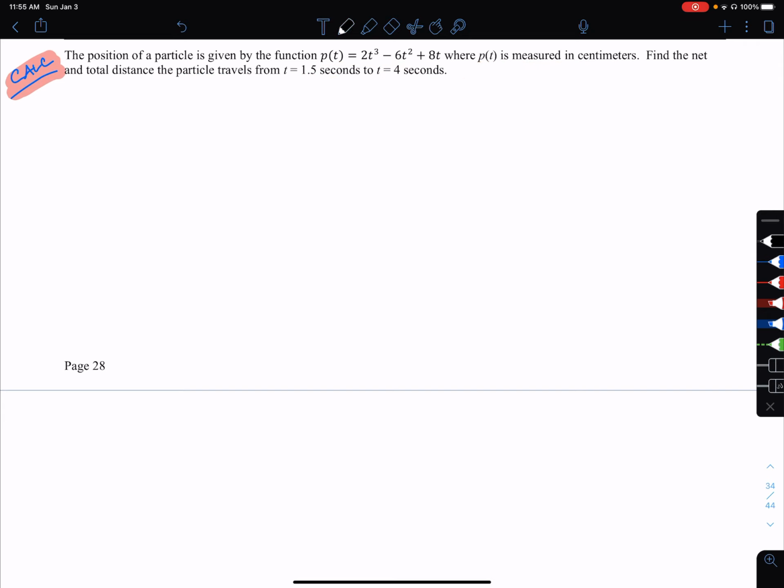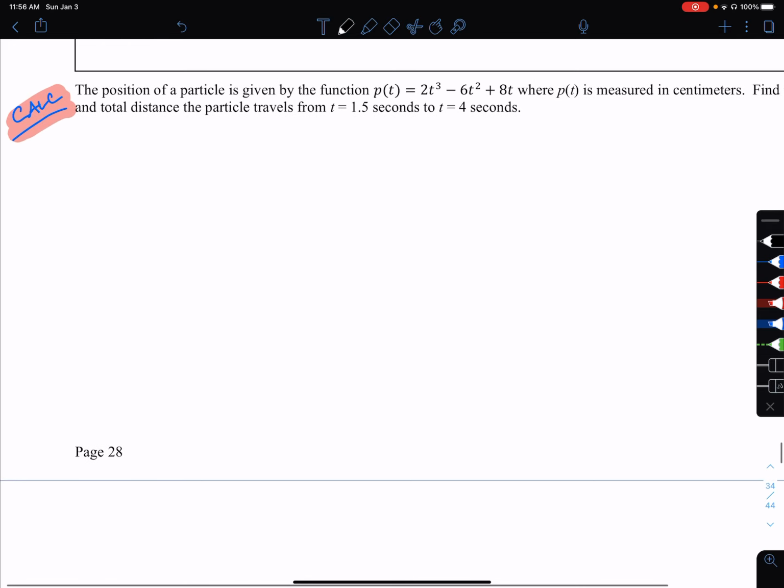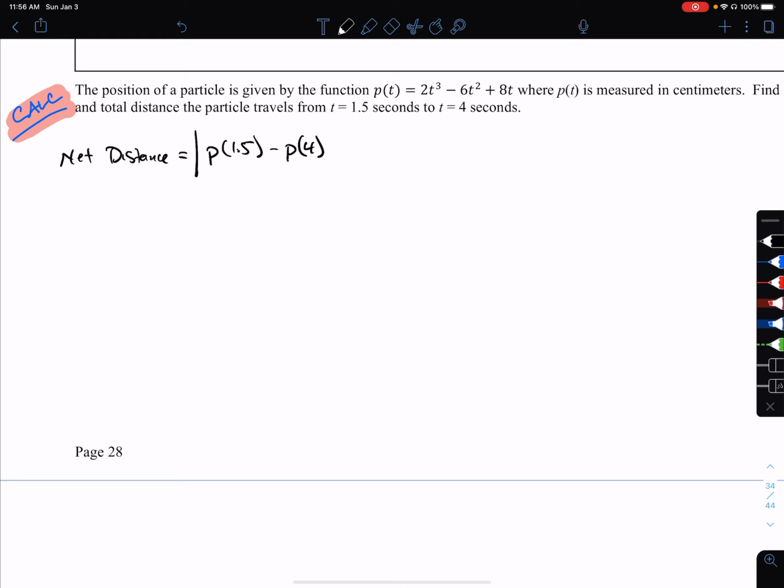Now, to find the net distance, that's pretty simple. Notice this says this is a calculator problem. We're going to take the absolute value of p, the position at the starting position, minus the position of the particle at the ending time.